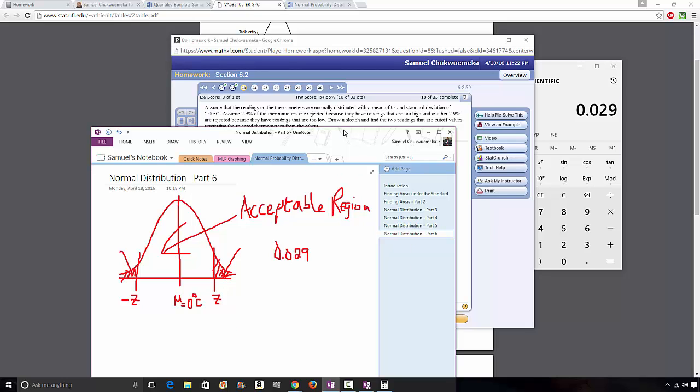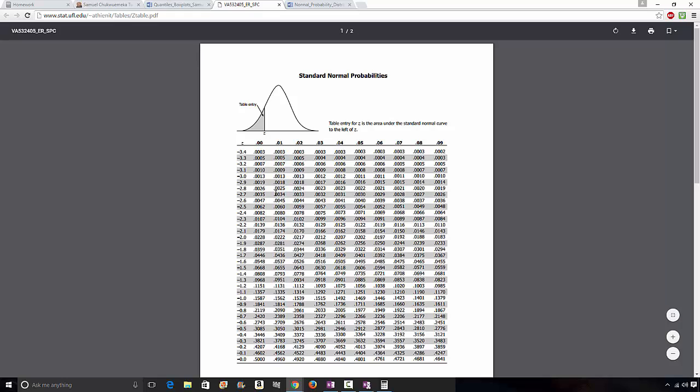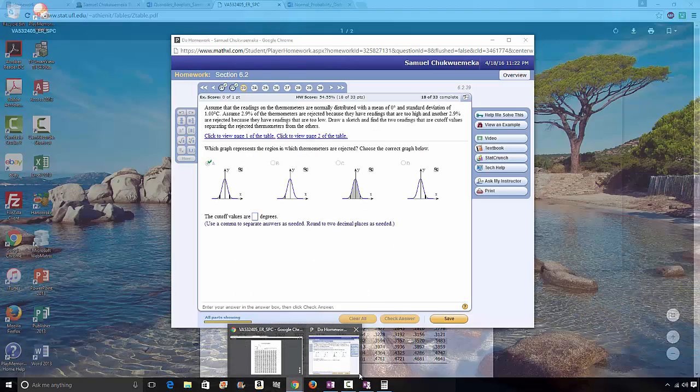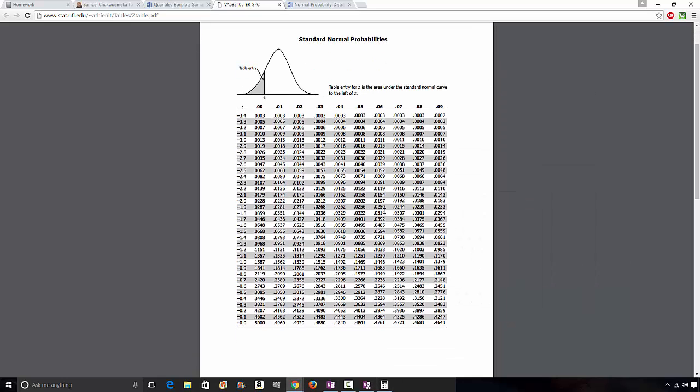So let's go and find 0.029 in the table. We come over here, 0.029.